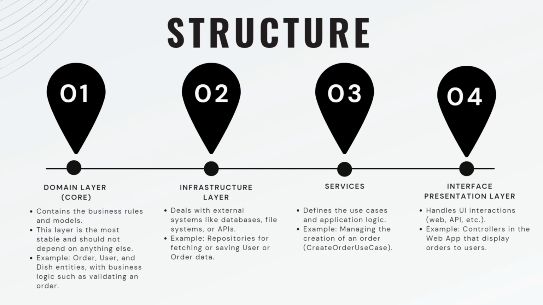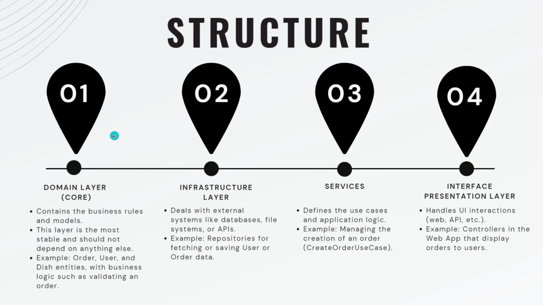It has a domain layer, the core of your application. It will not depend on any of these other layers. The interface layer will depend on these three layers. The services layer will depend on the infrastructure and domain layers, and the infrastructure layer will depend on the core layer. But the core layer will not depend on anything.